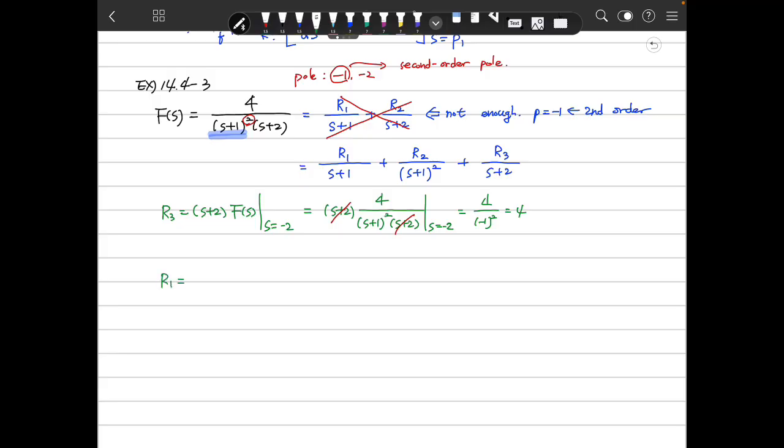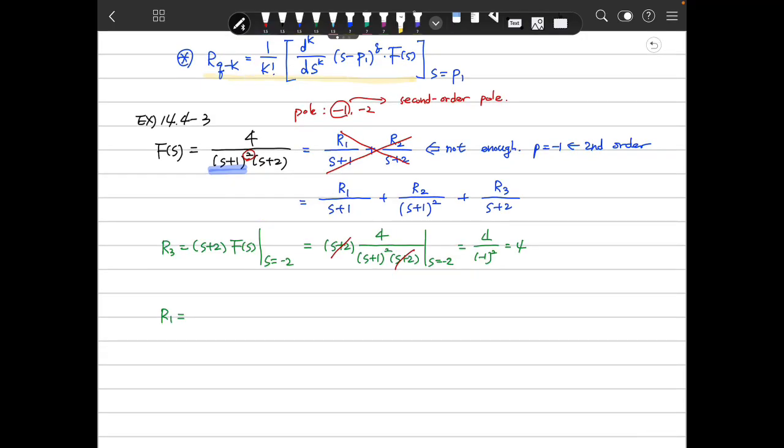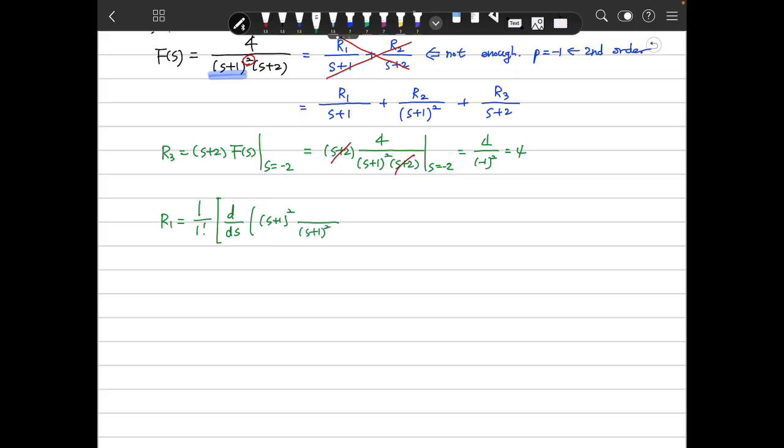Next is R1. In the case of R1, based on this general form, K is 1, so 1 factorial is 1, and then the first derivative d/ds of (s plus 1) squared times 4 over (s plus 1) squared (s plus 2), with s equal to minus 1.